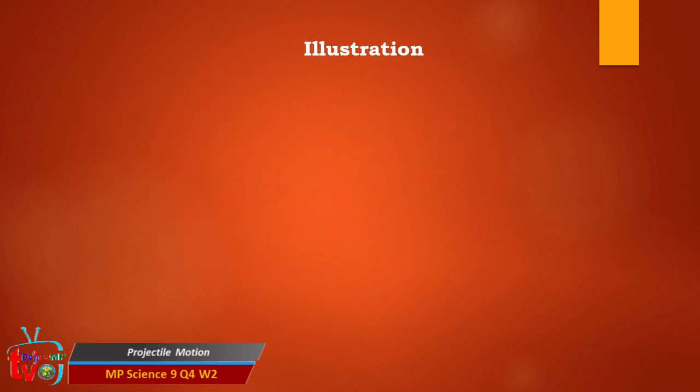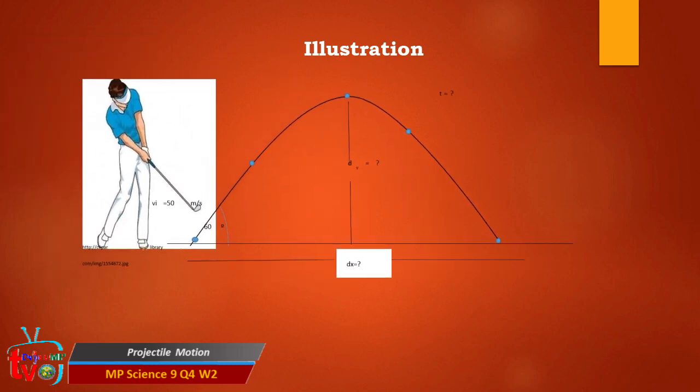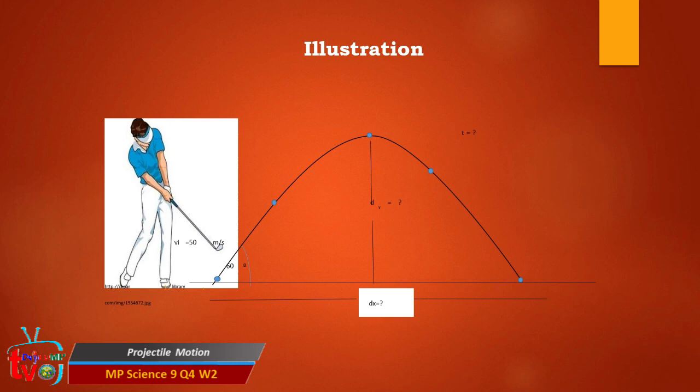To understand the problem better, again, let us take a look at the illustration. So we have here the golf player who hit the ball with an initial velocity of 50 meters per second and an angle of projection which is 60 degrees.